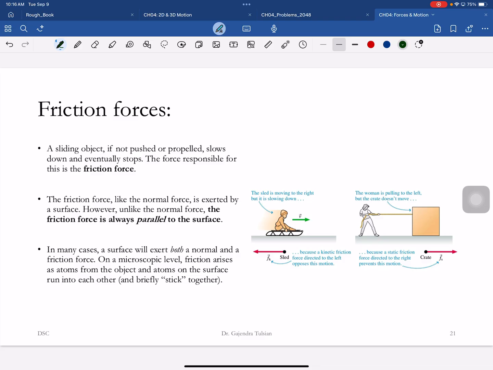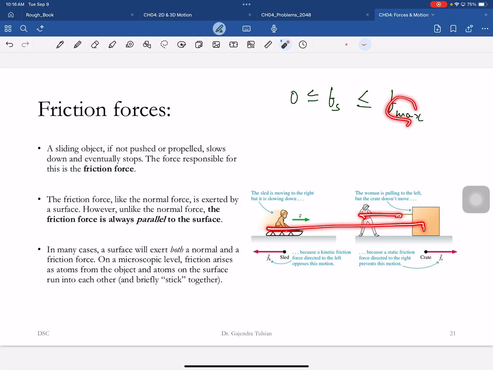So the static friction force can be anywhere from 0 to a maximum value. When you apply a force greater than the maximum value, then the box starts moving. So we are dealing with two kinds of friction forces, kinetic friction force and static friction force.